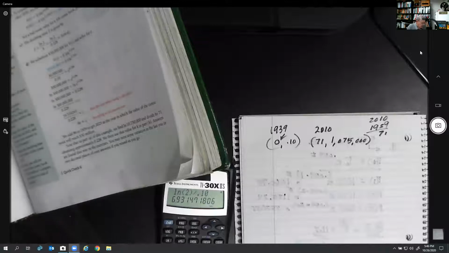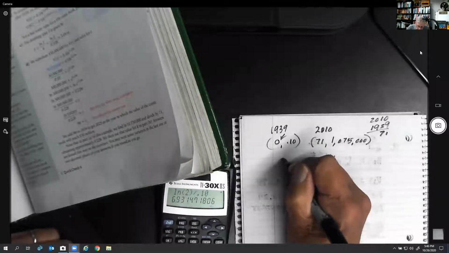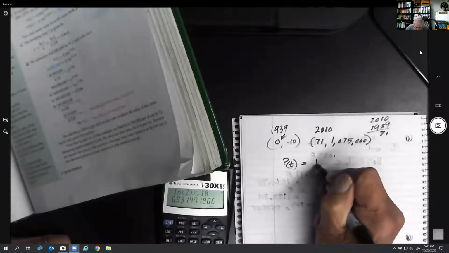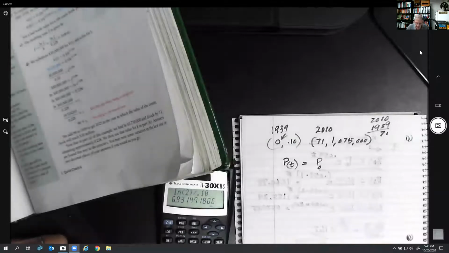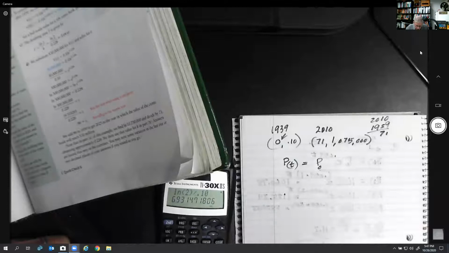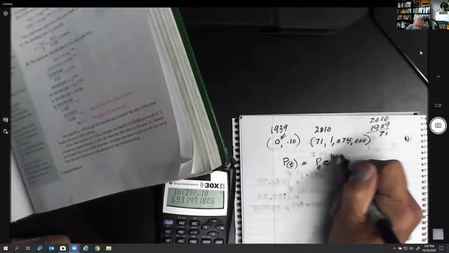So they want us to find the function that satisfies this. They want the function P sub t, that's going to be your final result, equal to the initial amount, P sub 0, times e to the k times t.